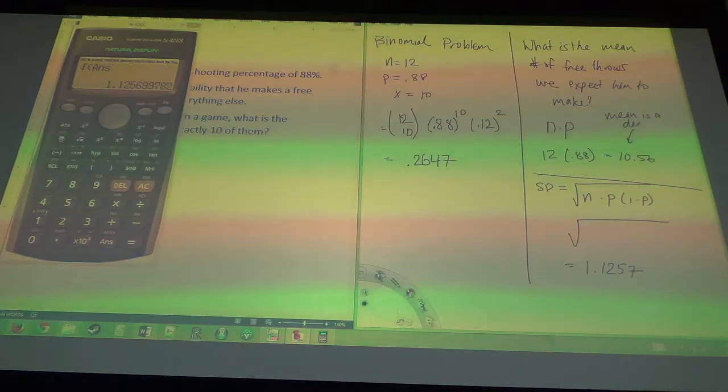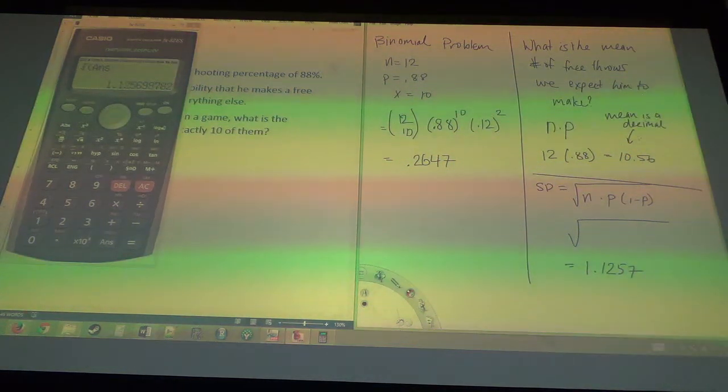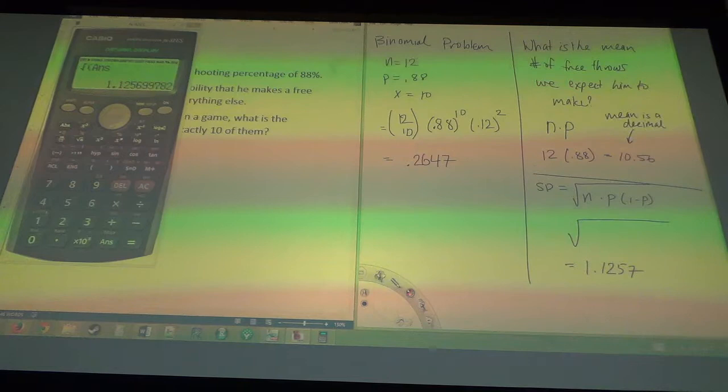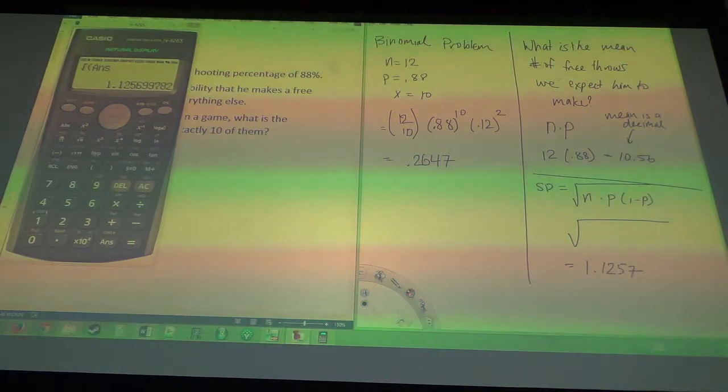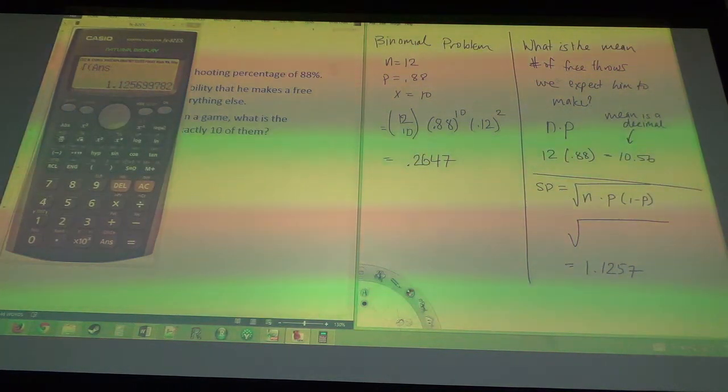Of course, when he actually plays a game, he's either going to make 10 free throws or 11 free throws or something else.